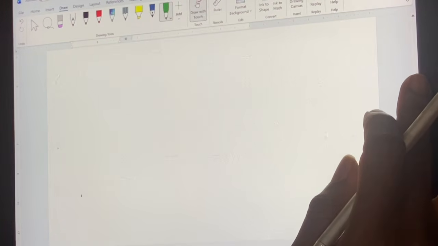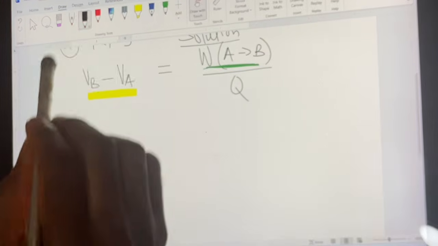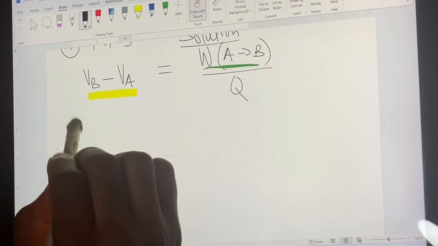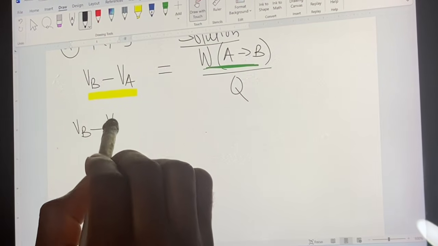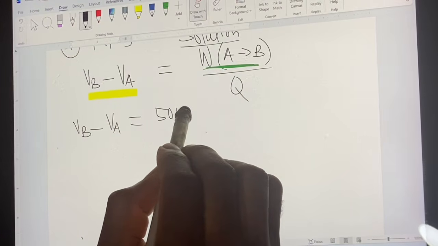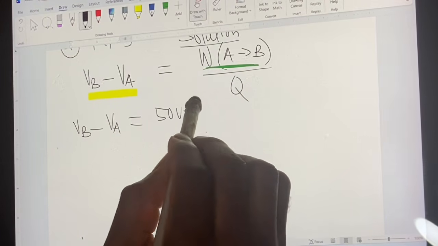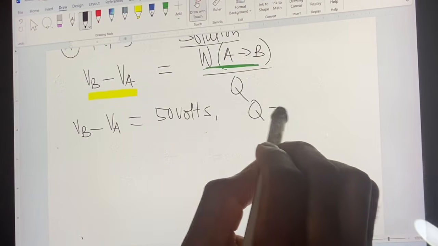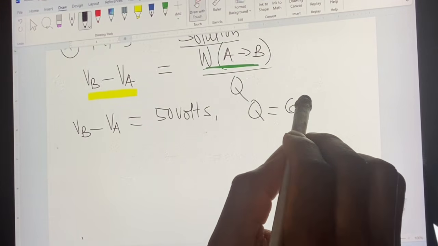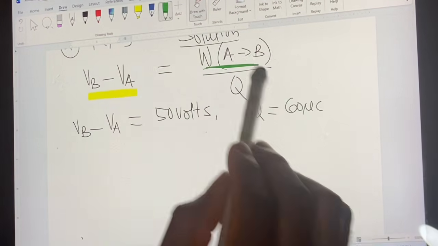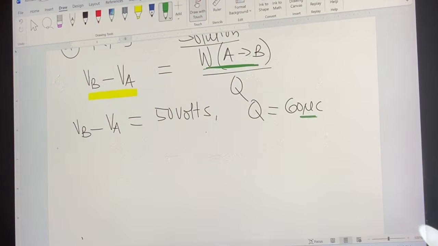Let's know the parameters given to us from the question. VB minus VA is given as 50 volts. The charge is given as 60 microcoulomb, and this micro is a prefix in mathematics representing times 10 raised to the power minus 6.